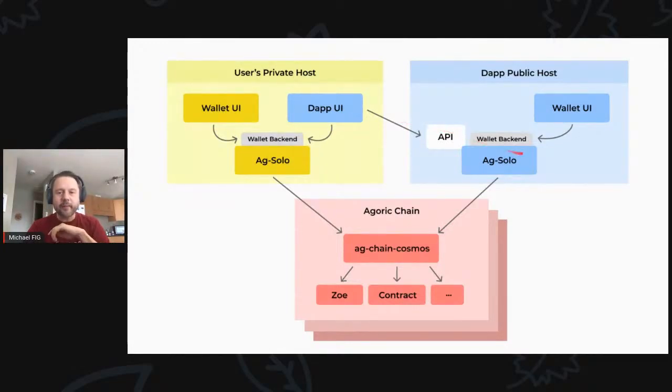As an aside, the dApp public host has its own wallet UI for its own wallet that's running on its AgSolo. So this is how the dApp author could control, say, draining the tokens from the contract, which only it can do, or sending tokens to the contract if it needs to.